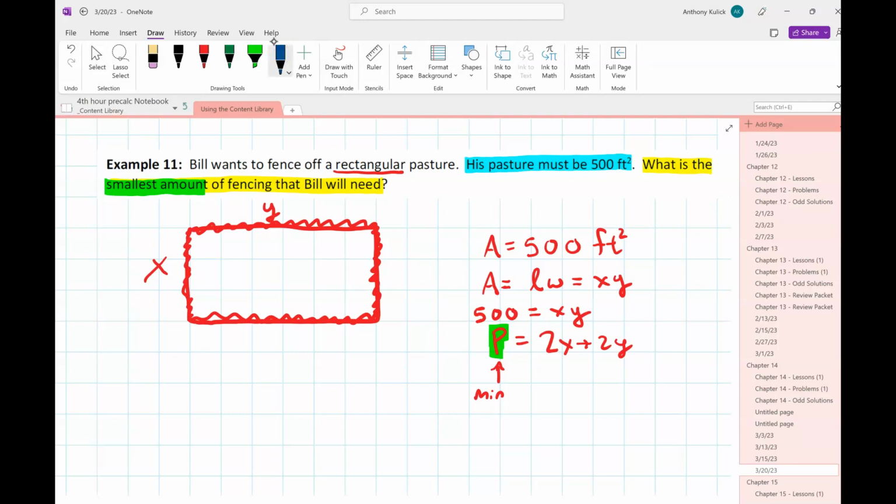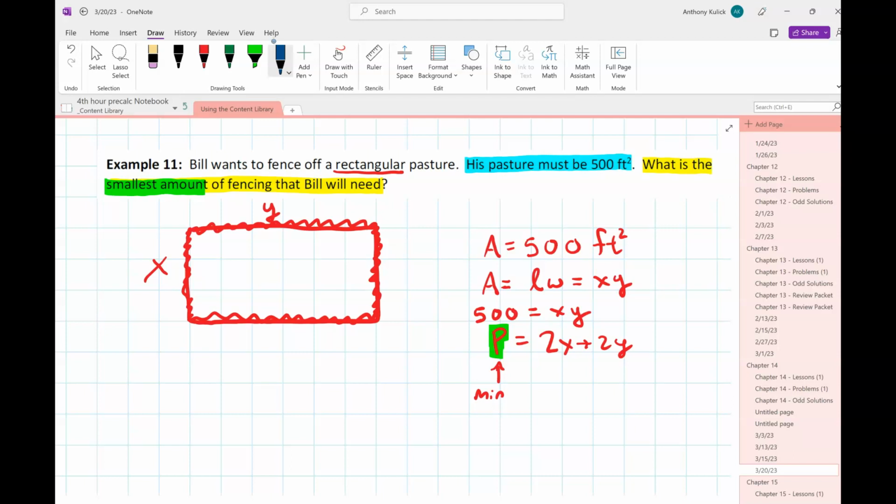No, I can't, because how many variables do I have in that equation? I have 3. P, x, and y. That's one variable too many. I need to find a way to eliminate either the x or the y from that equation.